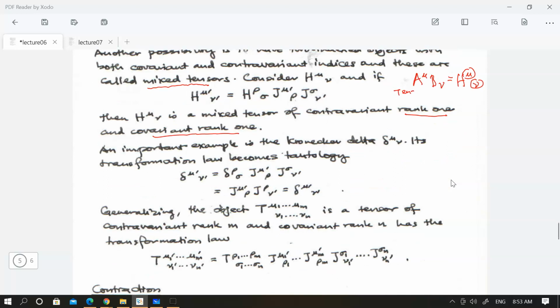An example is your Kronecker delta itself. Kronecker delta is quite nice in the sense that it's a tensor of, maybe I should rewrite it, a constant tensor.